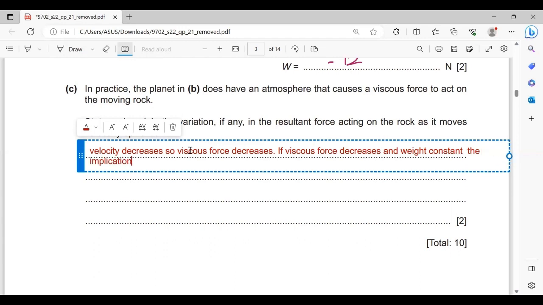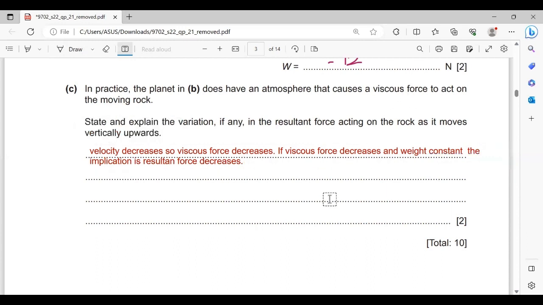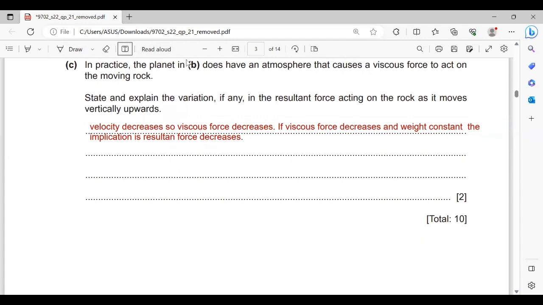The implication is the resultant force decreases as well. I think this is clear.